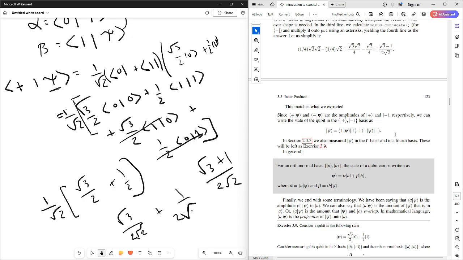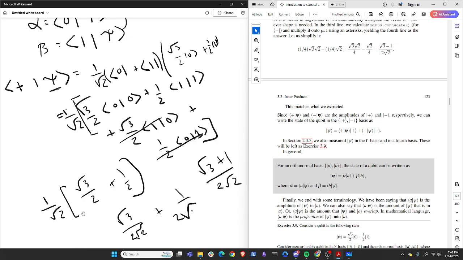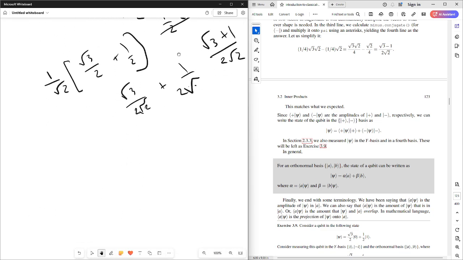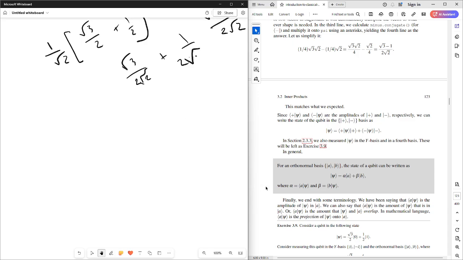So now we can effectively rewrite, if we have psi, we want to measure psi in the x basis, plus and minus.